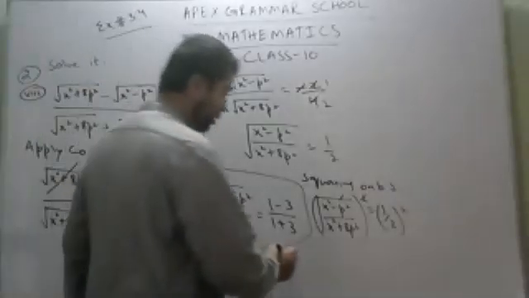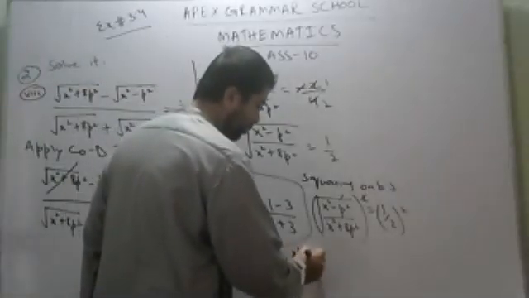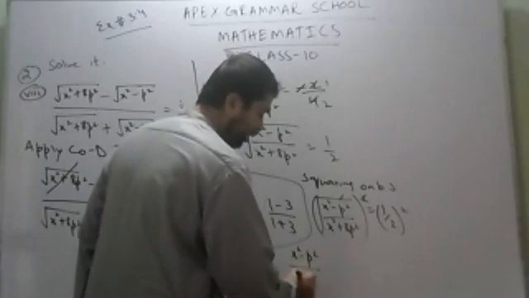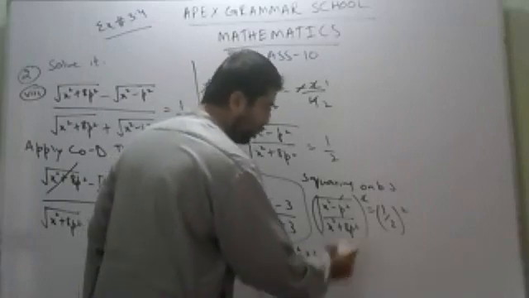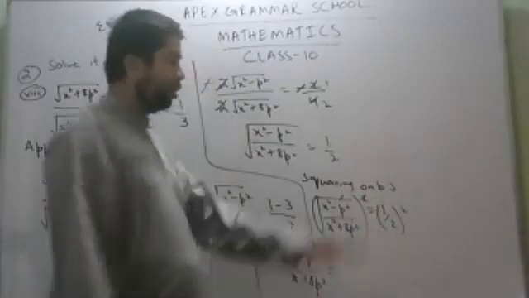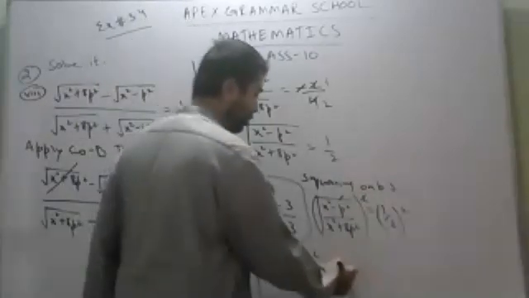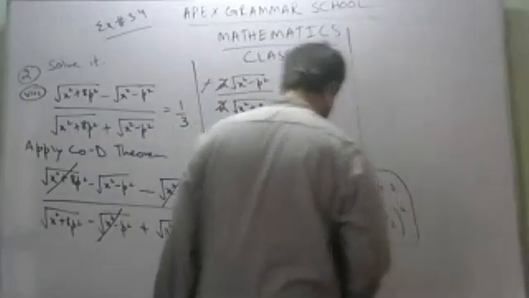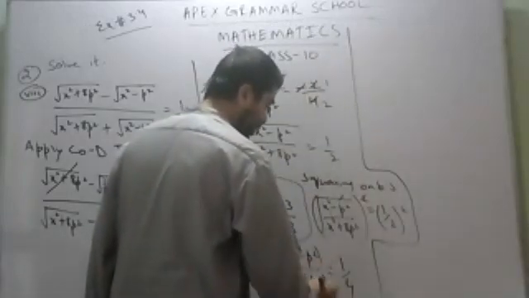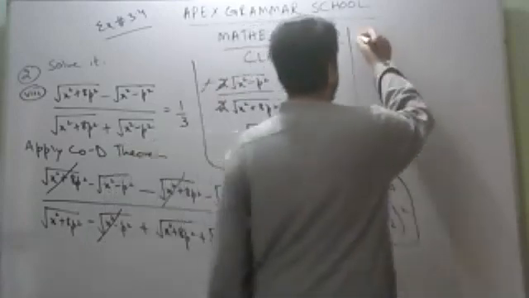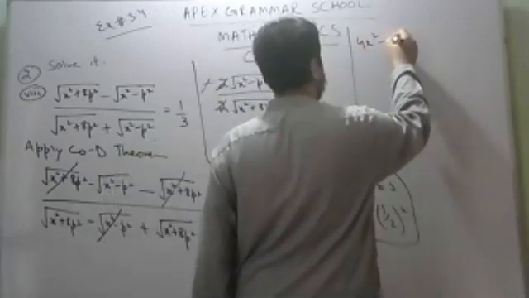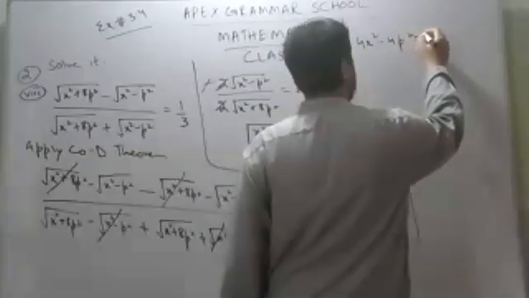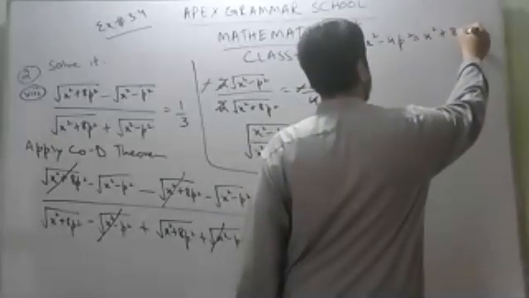You are left with x square minus p square divided by x square plus 8p square is equal to, after applying square on 8, 1 over 4. After cross multiplication, 4x square minus 4p square is equal to x square plus 8p square.